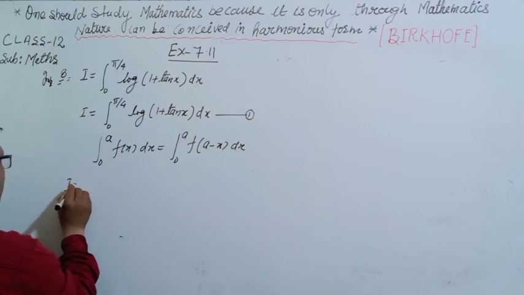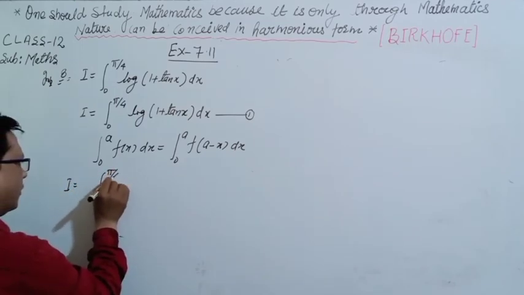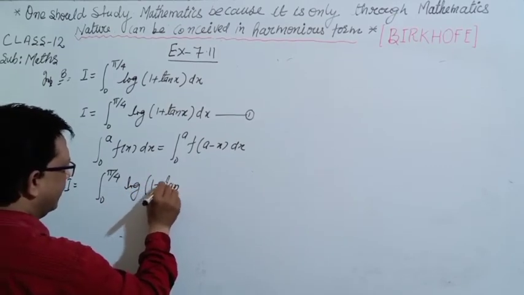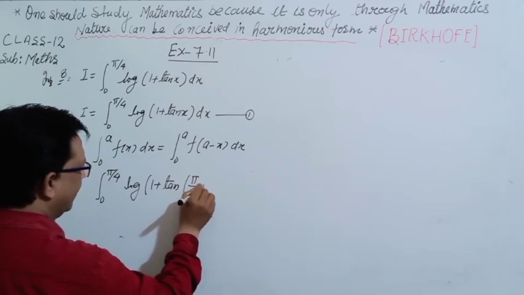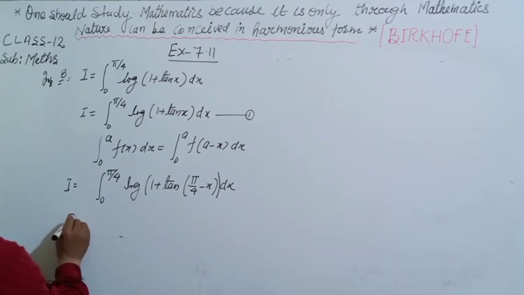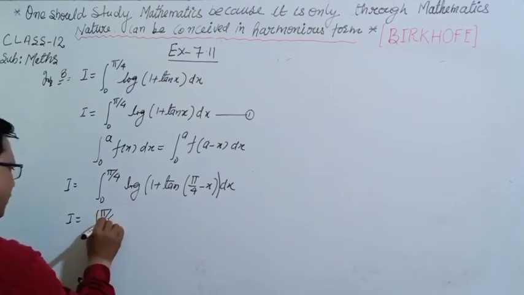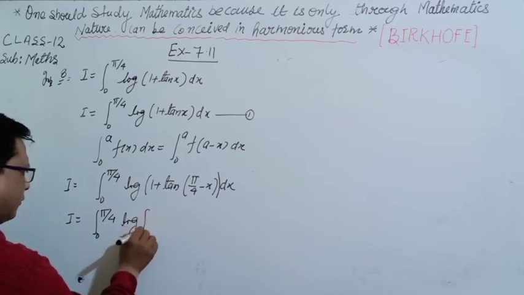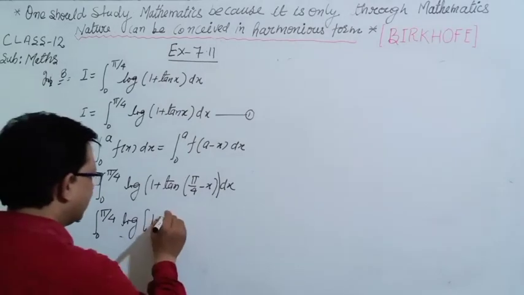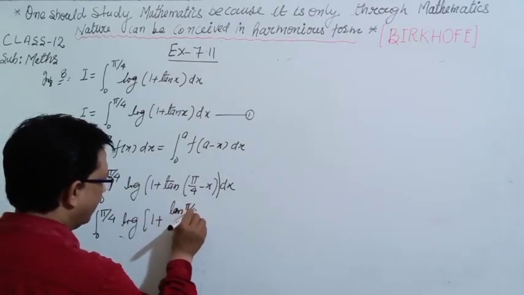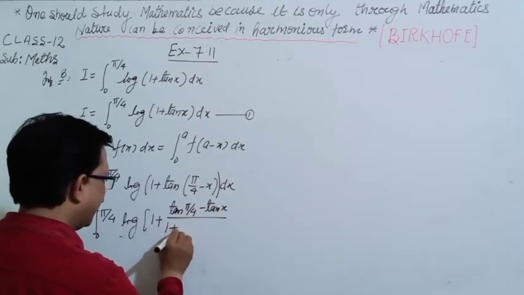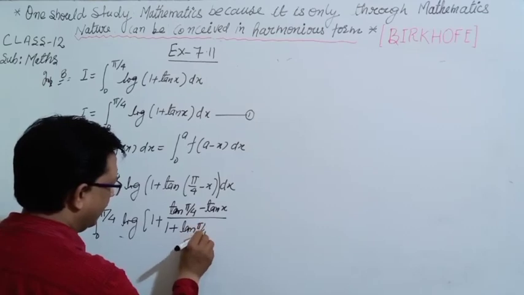So I is equal to integral 0 to pi by 4 log(1 plus tan(pi by 4 minus x)) dx. I is equal to integral 0 to pi by 4 log(1 plus, apply the formula tan a minus tan b, so this is tan pi by 4 minus tan x upon 1 plus tan pi by 4 tan x).